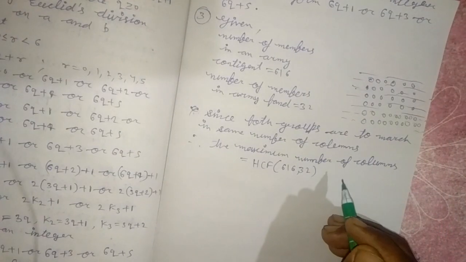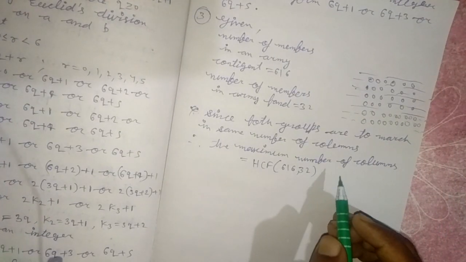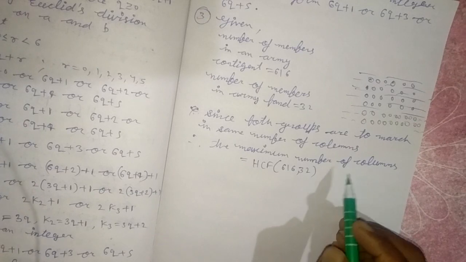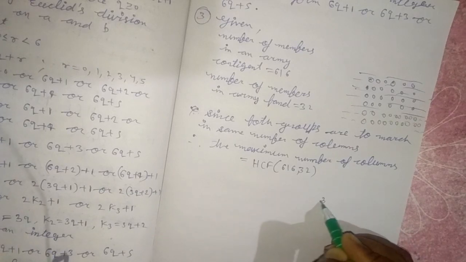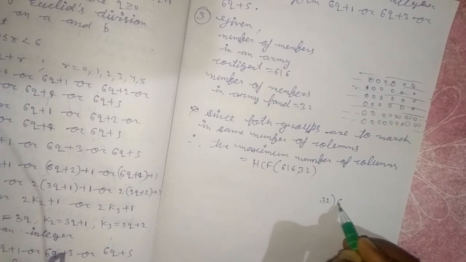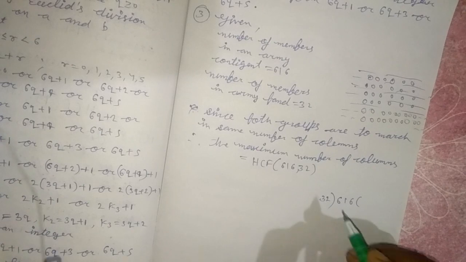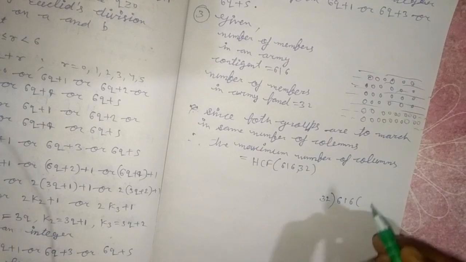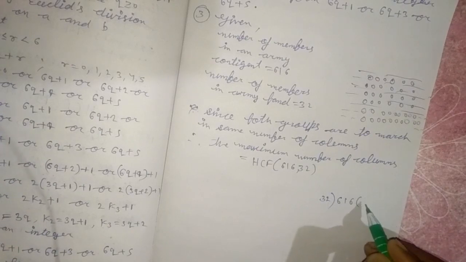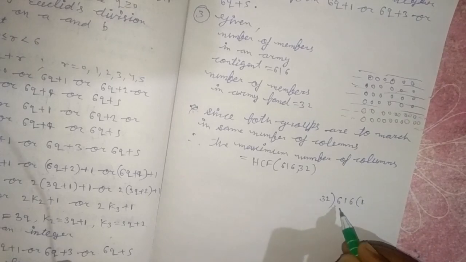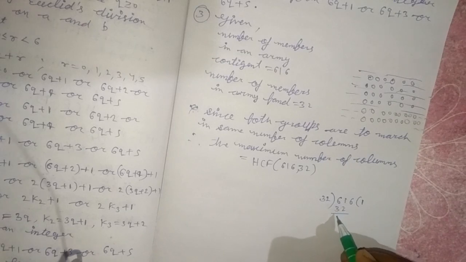So first we find the HCF using the old division method which we used in classes 6 and 7. Divide 616 by 32. Count the table of 32. It goes in one time first, so we get 32 and subtract 32 from 61. We get 29.